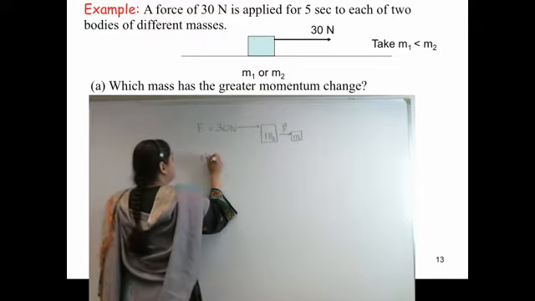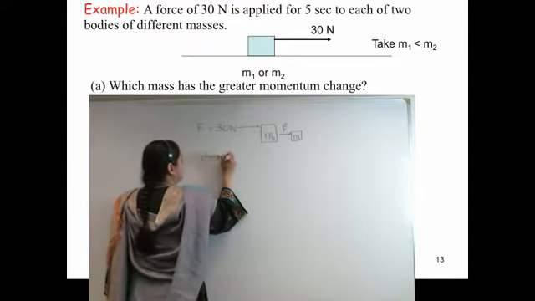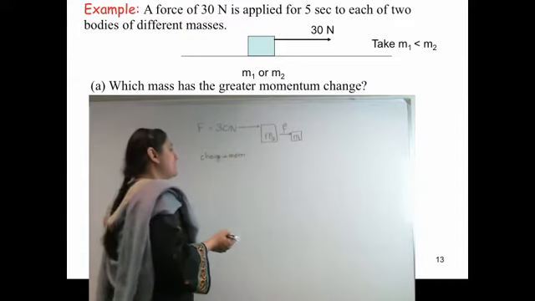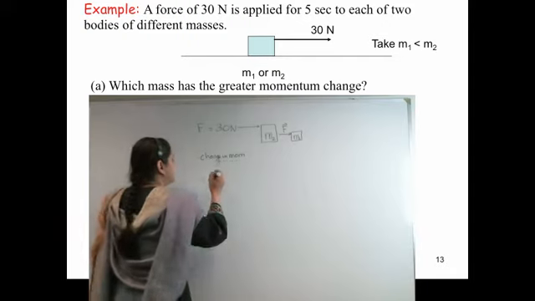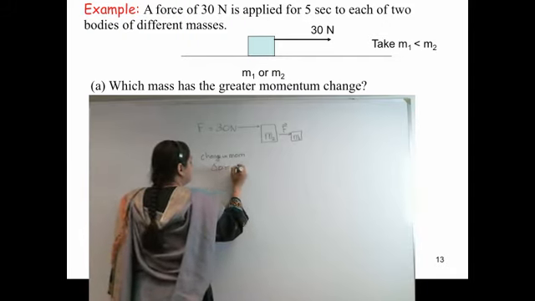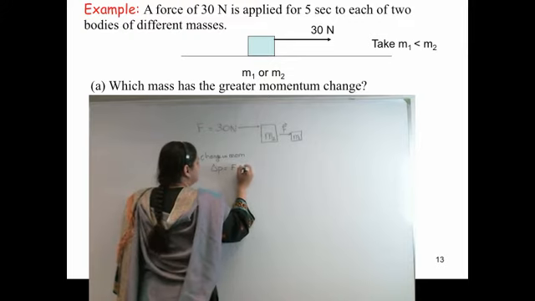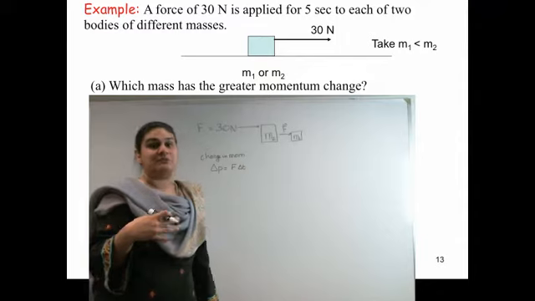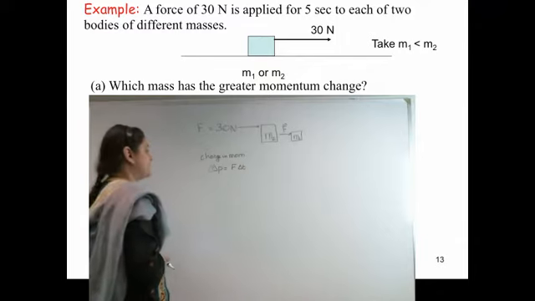So now we have to find the change in momentum for both of these masses. Well, what do you think? What do we know about the change in momentum? I have change in momentum equals F times delta T. And assume that the time it takes to apply the force is the same for both of them.